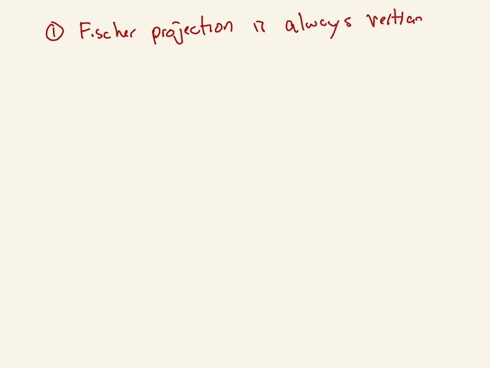So what does an example of this look like? Well, Fisher projection is always going to be vertical. So a Fisher projection is always vertical with the aldehyde or ketone at the top.